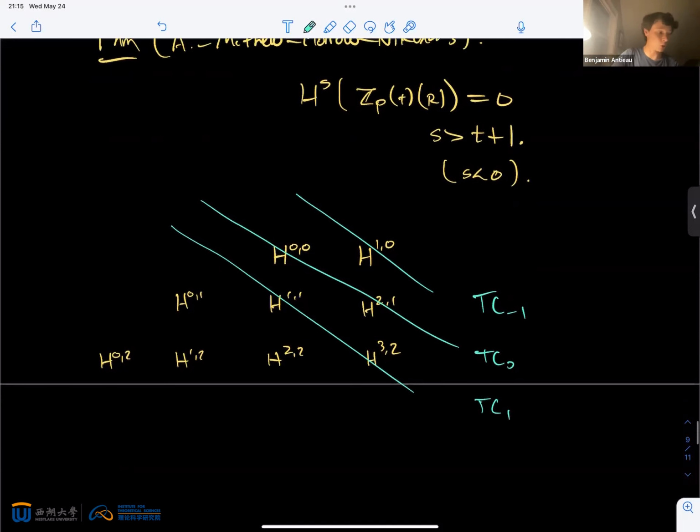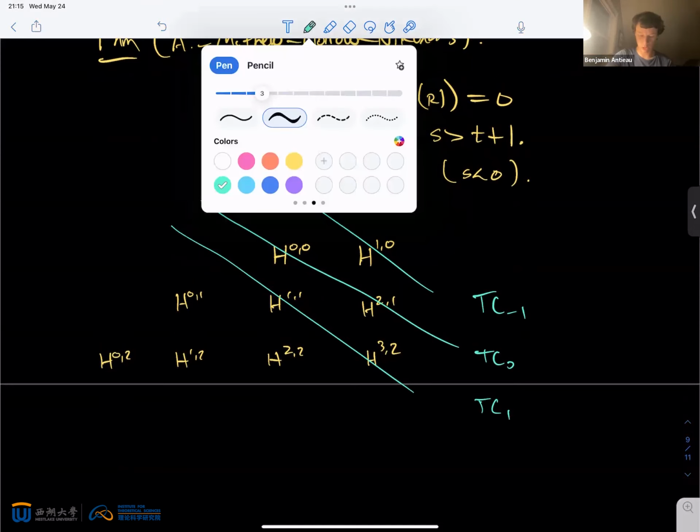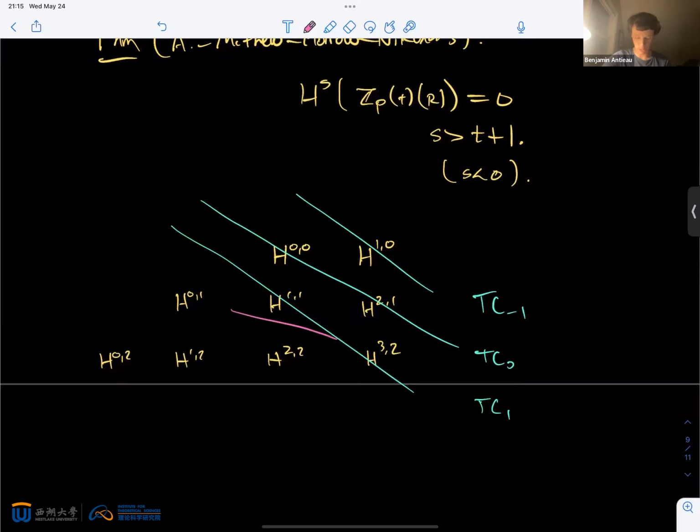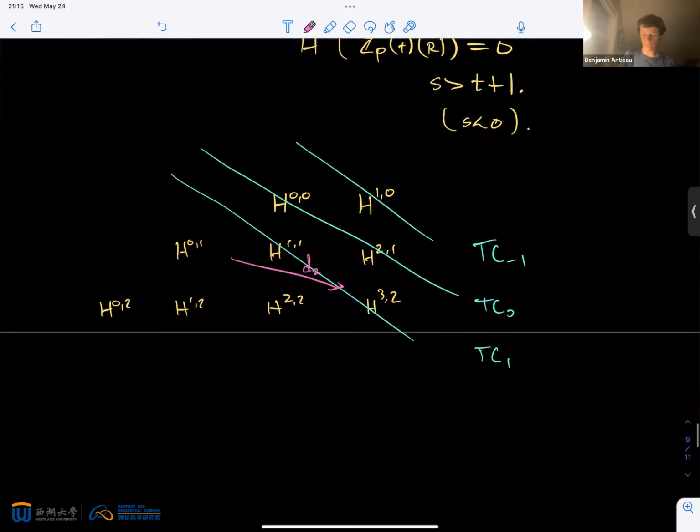And the differentials, how do they look? There's room for one differential. This is a D2 differential. And one of the upshots of our calculation: this keeps getting bigger and bigger.